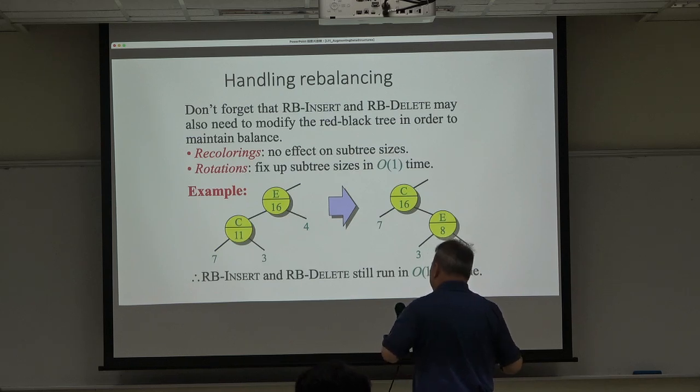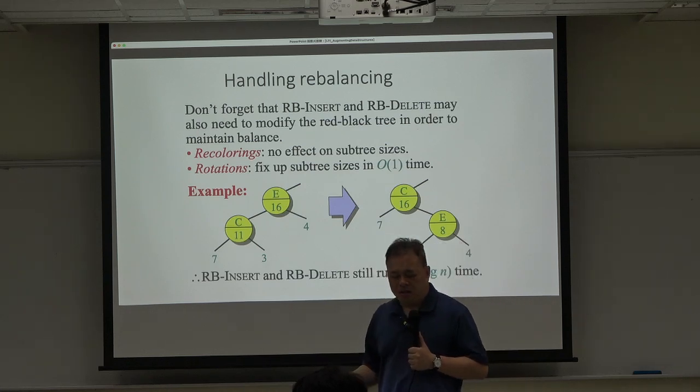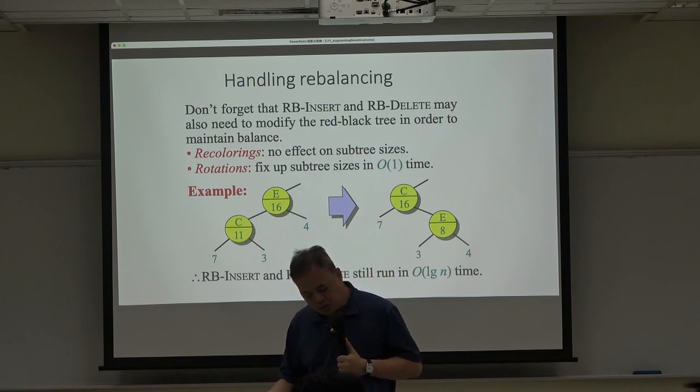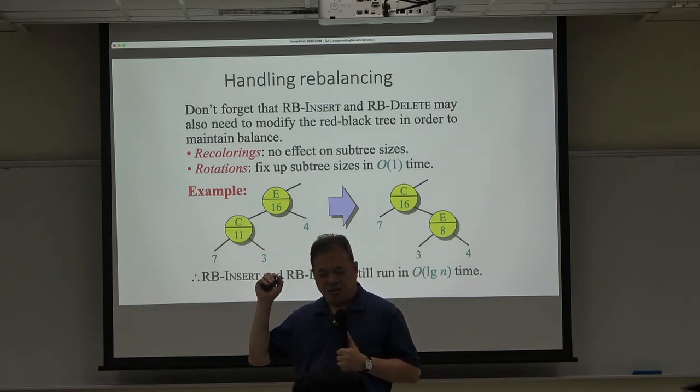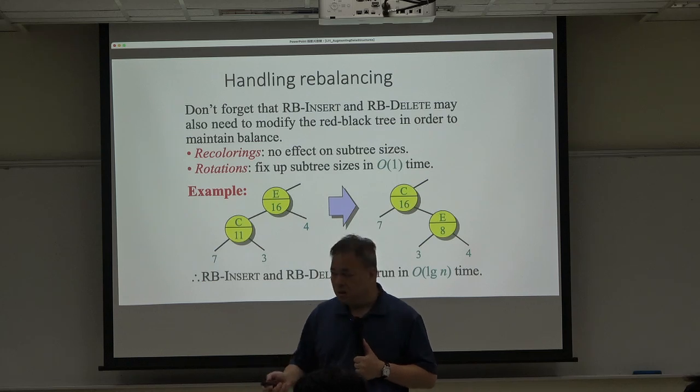Now you understand, red-black tree can be used not only as a binary search tree. It can be used for rank, to find the rank and to do the select. It can have more applications.